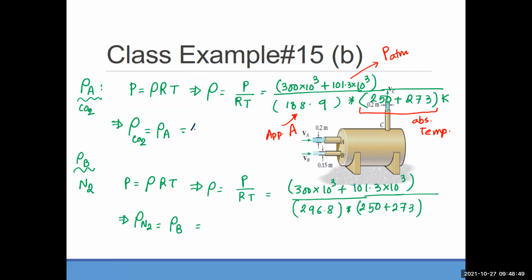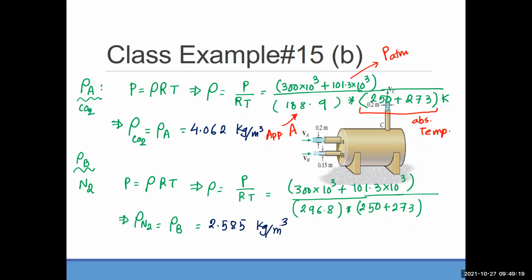Check your calculation. Okay. 4.62 kilogram per meter cube. What about this one? Rho B or rho nitrogen? Yeah, that's what I got. 2.585.